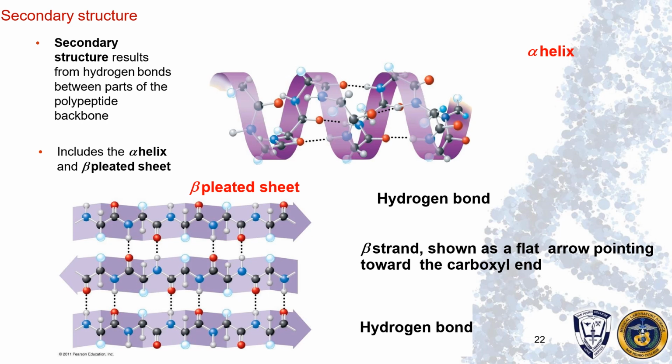It includes the alpha helix and the beta pleated sheet, which are joined together by hydrogen bonds. The beta strand is shown as a flat arrow pointing toward the carboxyl end.